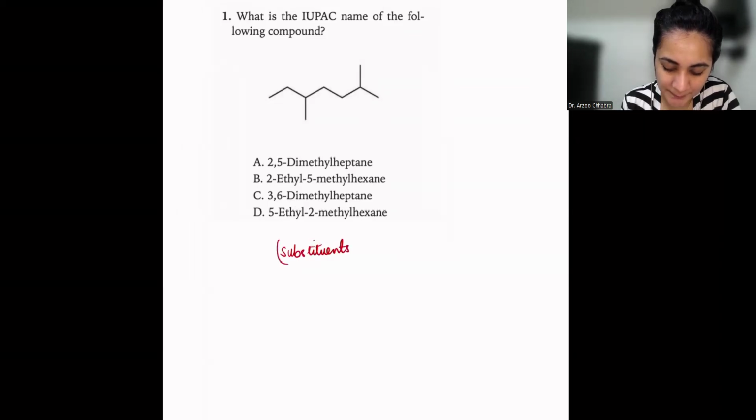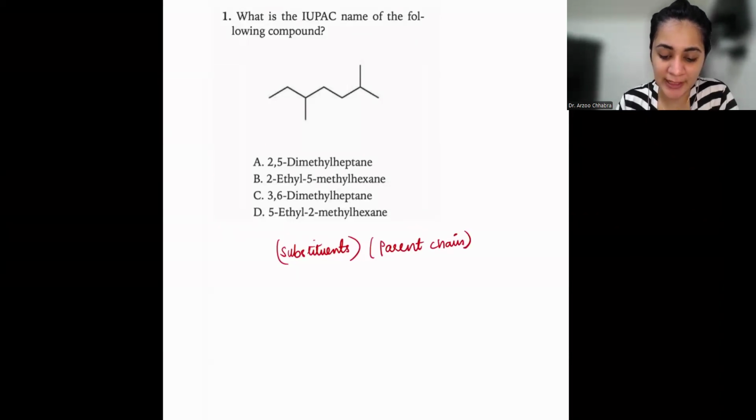So we'll first write substituents, and then we write the name of the parent chain, right? So now when you have substituents, you'll find where the substituents are, and you'll want to number the parent chain as the carbon chain with the longest number of carbon atoms, right?